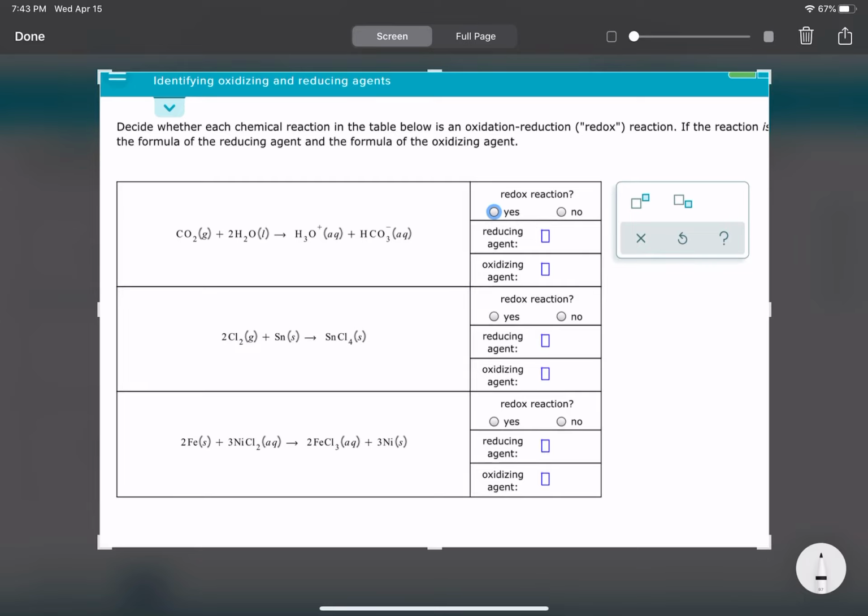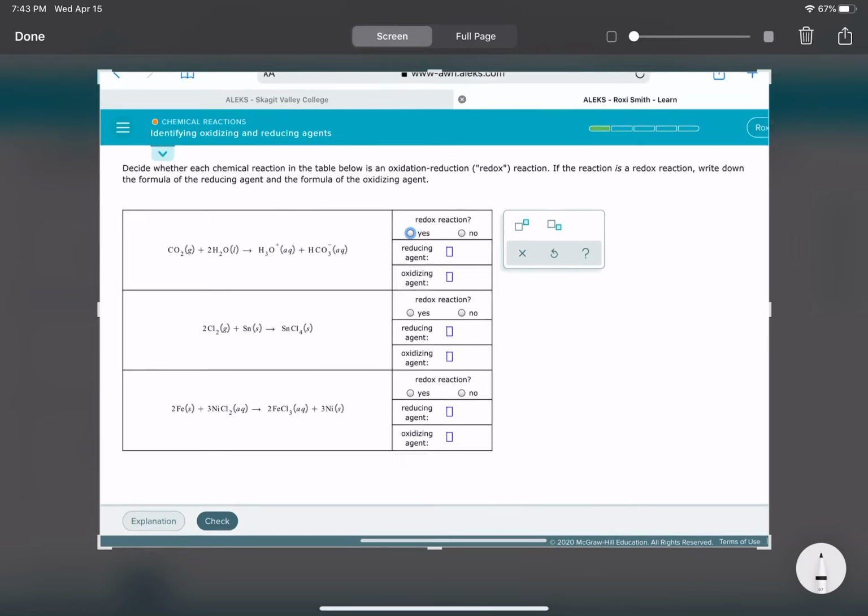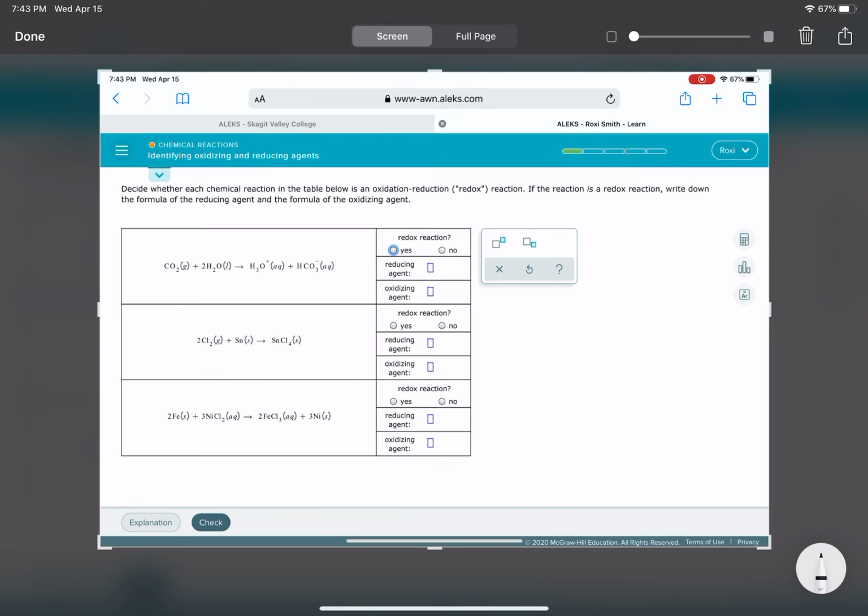So let's first talk about how do you go about identifying if it is a redox reaction. What you're going to look for is anything that has a change to an oxidation number. Anything with an oxidation number change. If you can find one, then yes, it's a redox reaction.